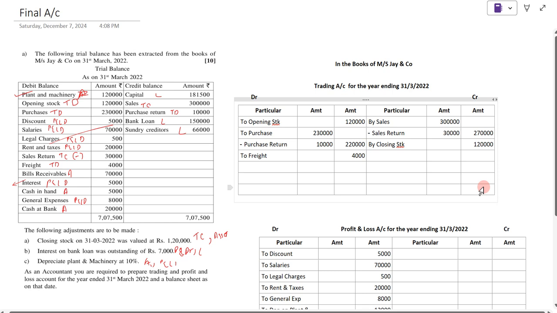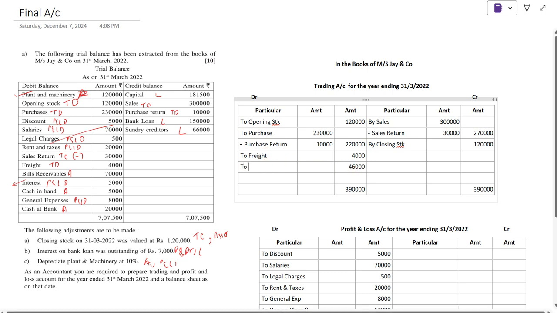If debit is more than credit, we will have loss. In the trading account credit side is more. The total is 3,90,000. The difference of debit side and credit side is rupees 46,000. So this is our gross profit.